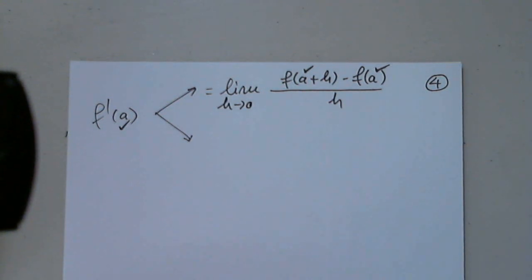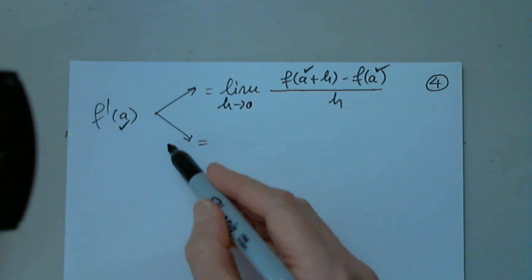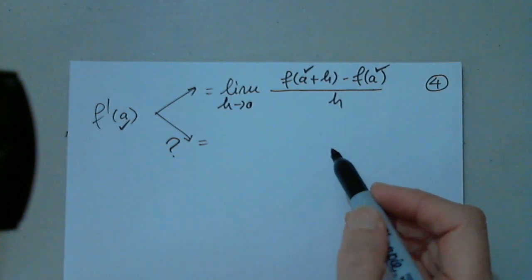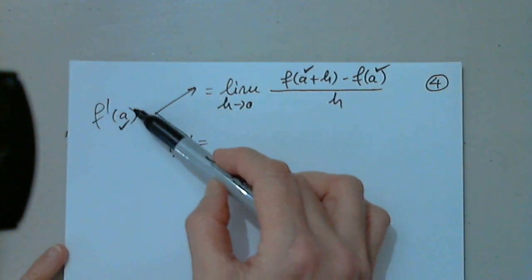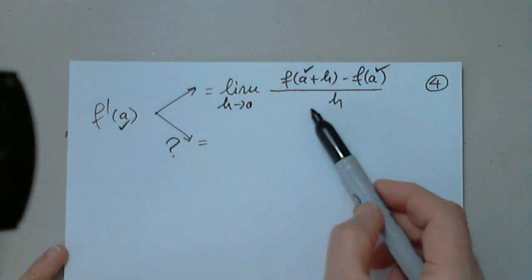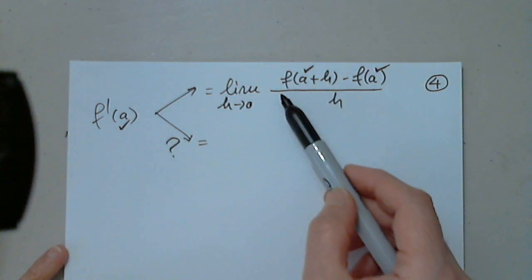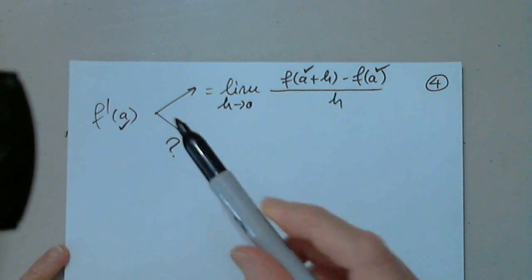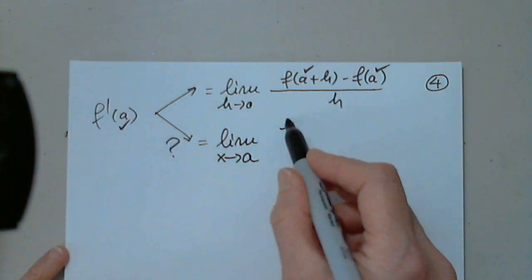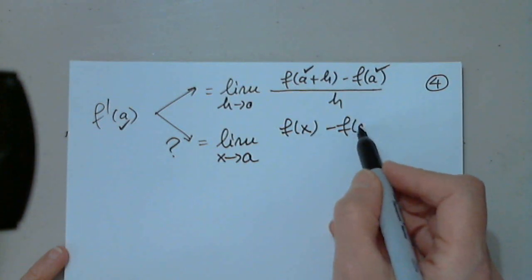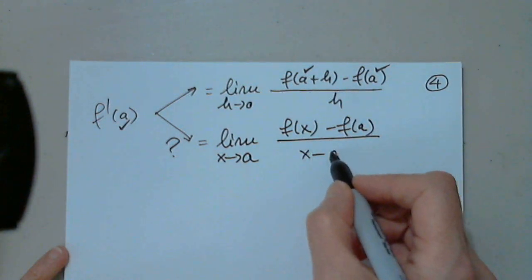But there is another one, and you can ask, why a second one? Well, to be honest, for some functions, f prime is easier to determine in this way, but for other functions, it's easier to determine it like this: limit as x approaches a of f of x minus f of a, divided by x minus a.